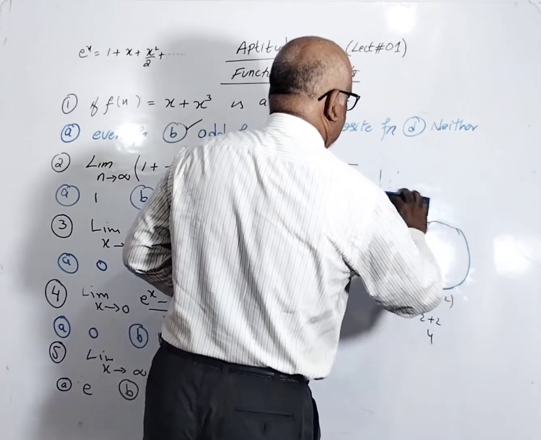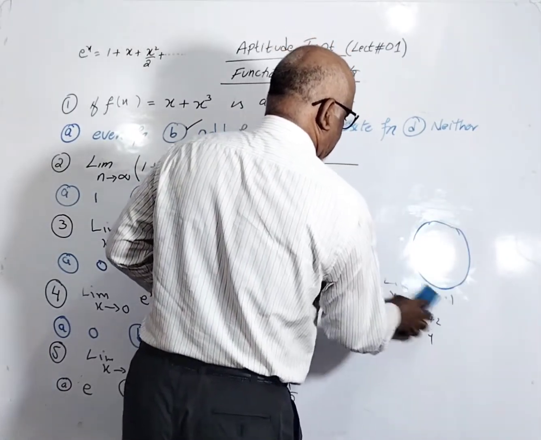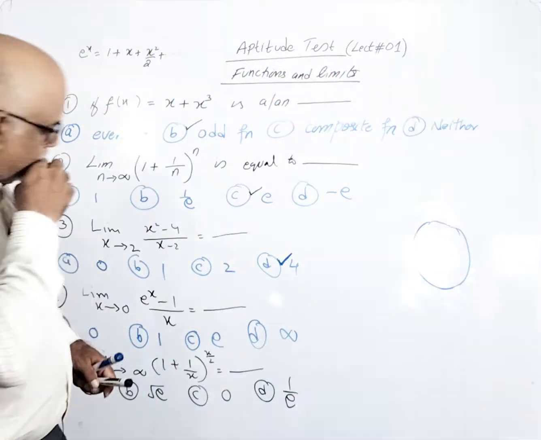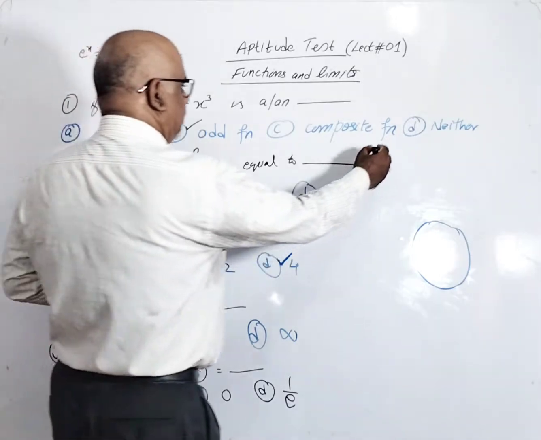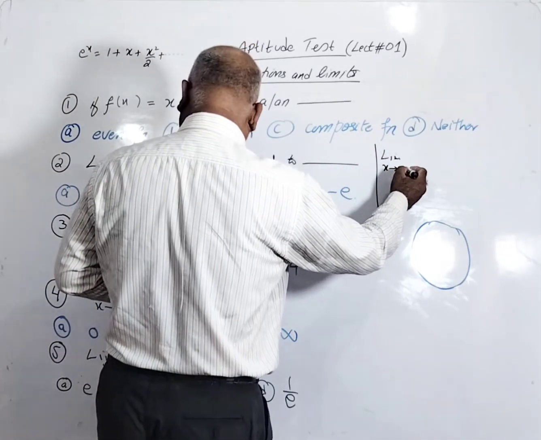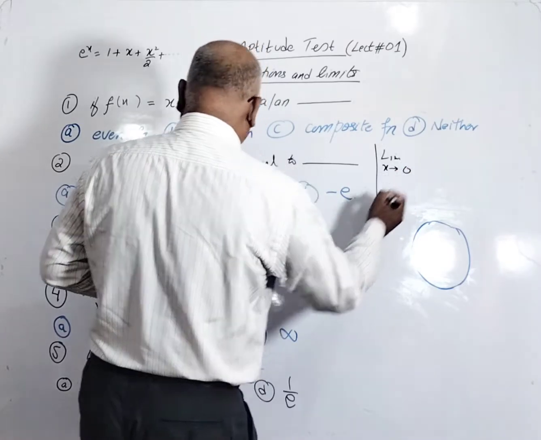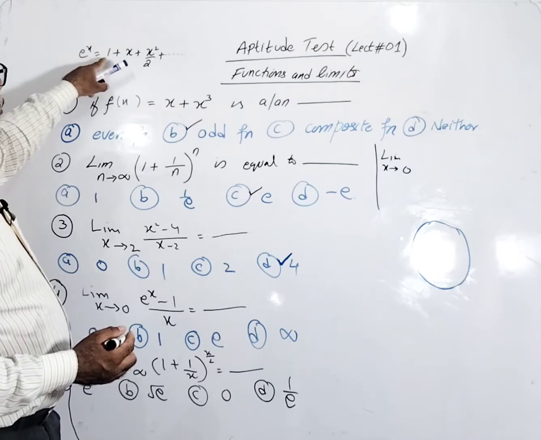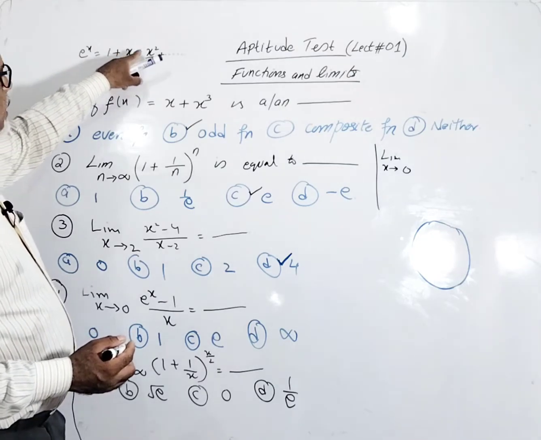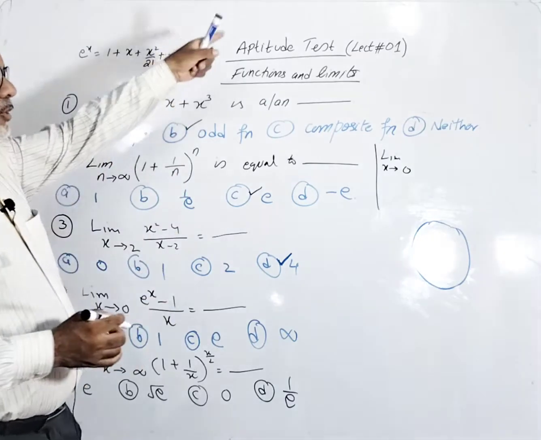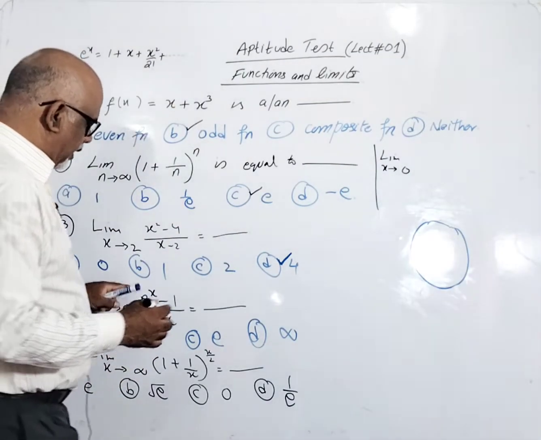So here the answer should be a real number when we apply the limit. So here limit x tends to 0, and this is e^x minus 1. So we have the formula here, e^x equals 1 plus x, plus x square upon 2 factorial, plus and so on. So we have to apply the formula here.